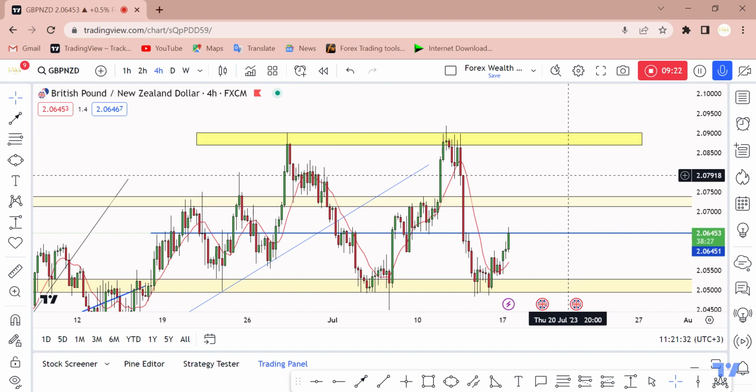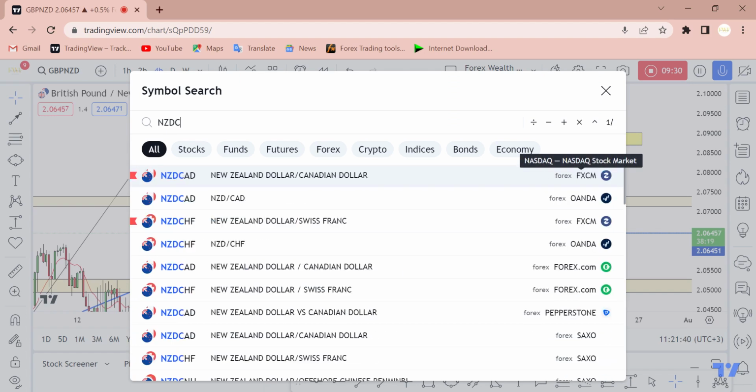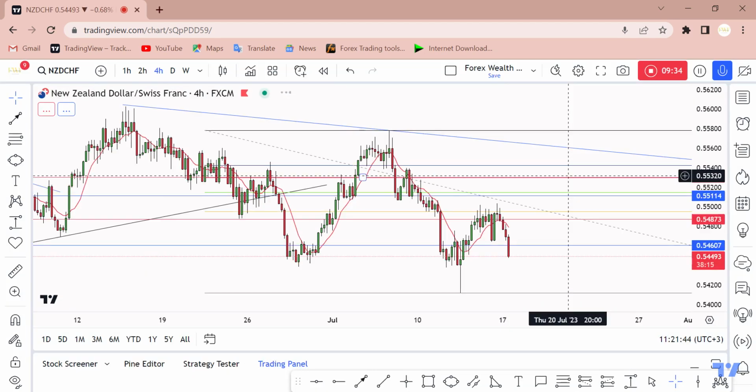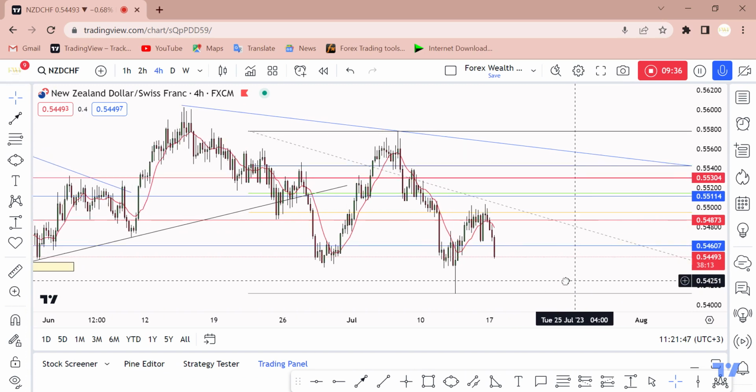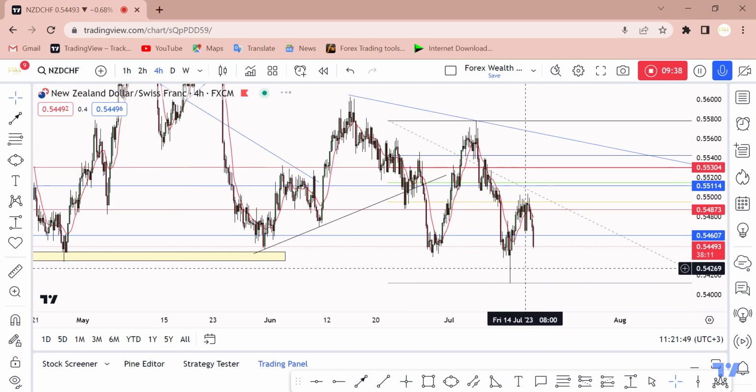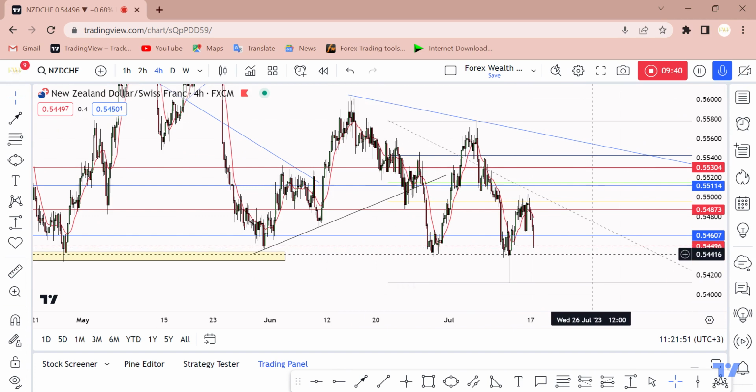I think I'm going to add also another pair to my watch list for this week, which is NZDCHF. NZDCHF is doing these waves to the downside.